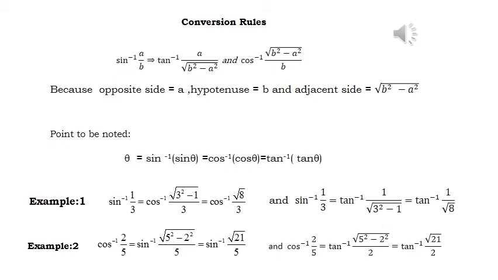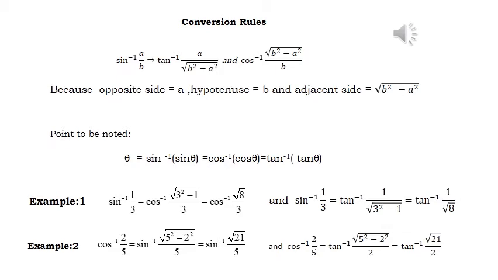The same sin inverse of 1 by 3 in terms of tan inverse is opposite side to the adjacent side. The opposite side is proportional to 1, adjacent side is proportional to root of 3 square minus 1. So sin inverse of 1 by 3 is tan inverse of 1 upon root 8.